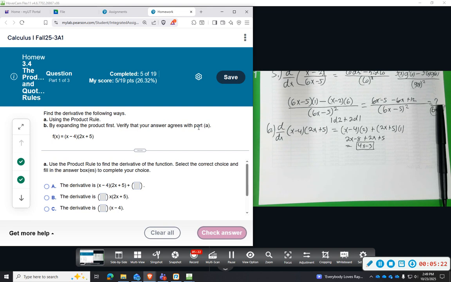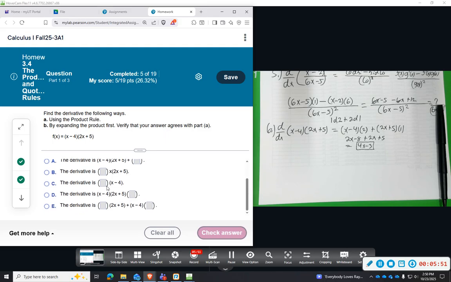Okay. So it wants us to go through some parts. It looks like the derivative is, if I look at what we did, we had 2 times the x minus 4, and then 1 times the 2x plus 5, so they got the 2x plus 5, but they got a times.